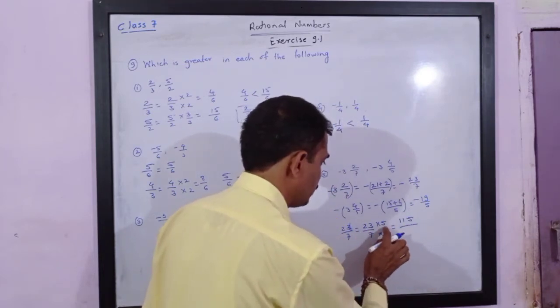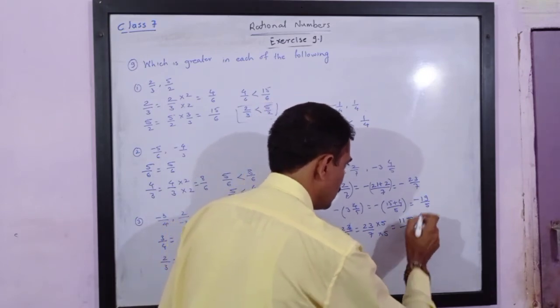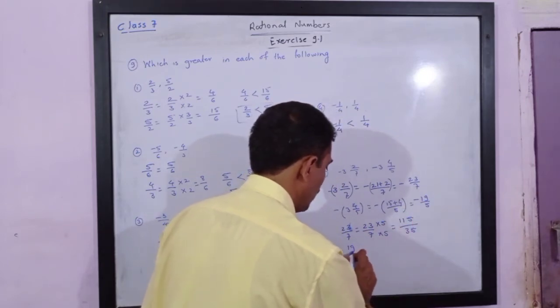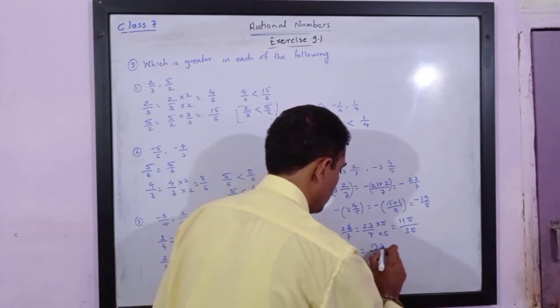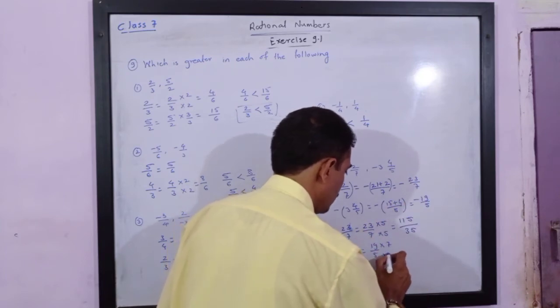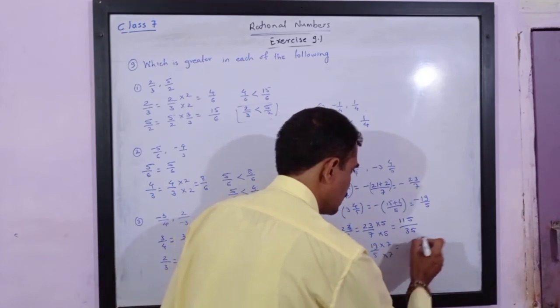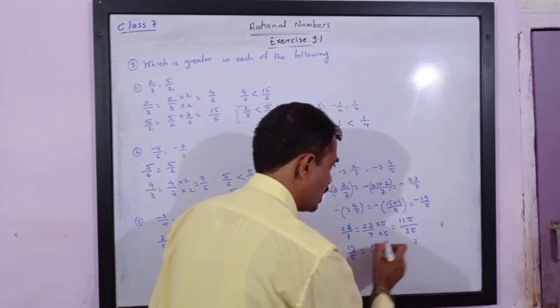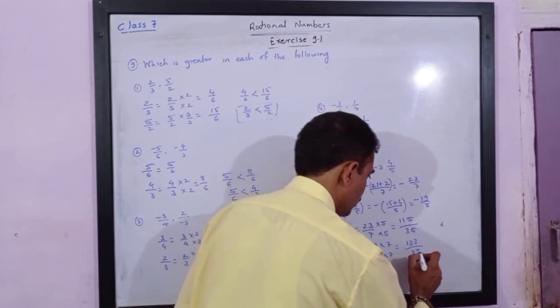Next is 35. And 19 upon 5 is equal to 19 upon 5 multiplied by, this side fraction's denominator is 7, so this is equal to 7 9s are 63, 6 carries, 7 1s are 7 plus 6, 133 upon 35.